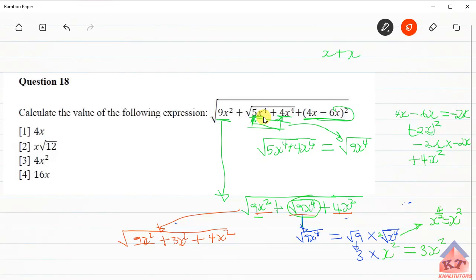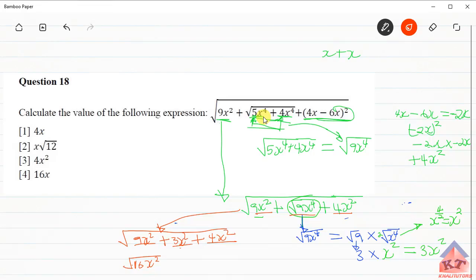If you look at these 3 here, they are all like terms, so you simply add them. This is like adding 9 plus 3 plus 4, but it's 9x squared plus 3x squared plus 4x squared. 9 plus 3 is 12, plus 4 gives us 16. Then this will give us the square root of 16x squared.